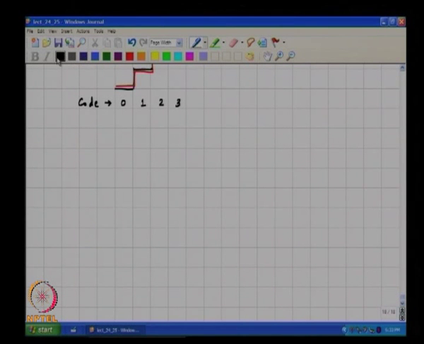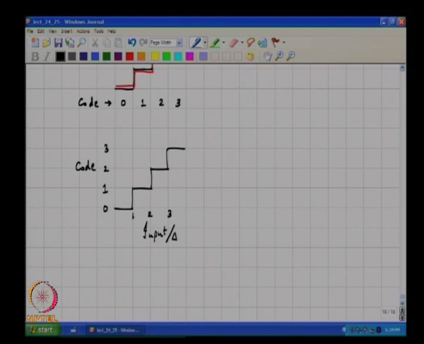Ideally, the code on the y axis must be 0, 1, 2 and 3, and this must be input in units of delta, so this must be ideally 1, 2, 3.